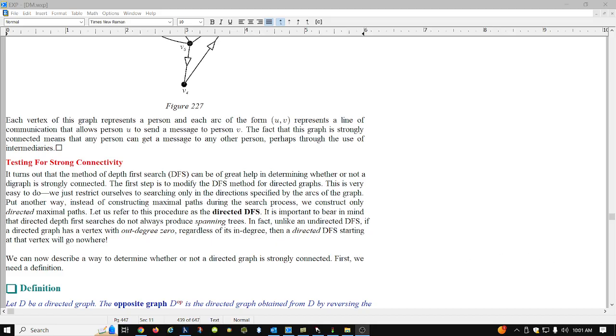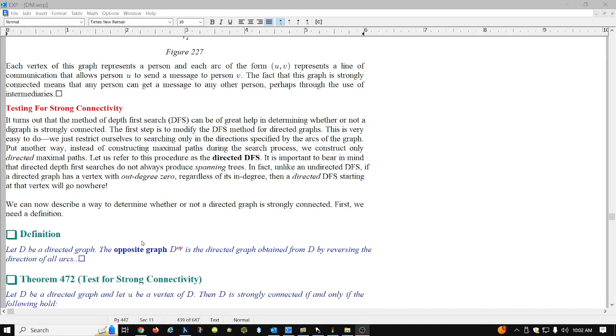Okay. So while the difference between an undirected DFS and a directed DFS is just that you have to follow the arrows, the consequences can be severe. So I want to describe to you a method for determining whether or not a directed graph is strongly connected.